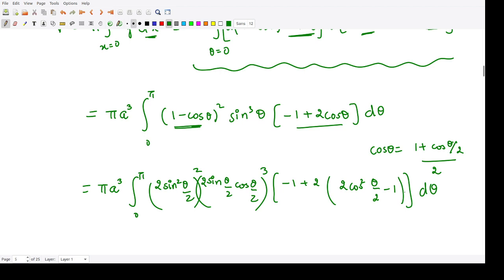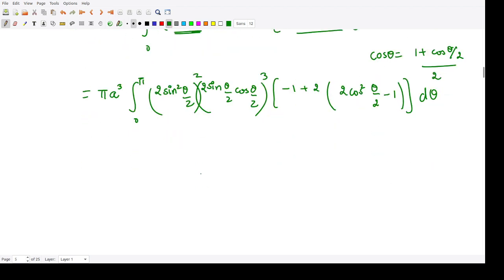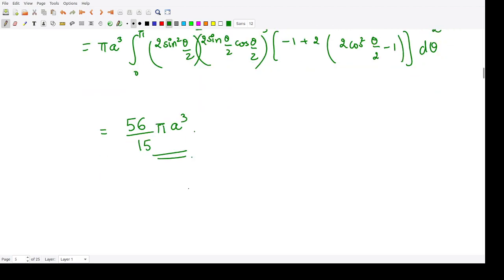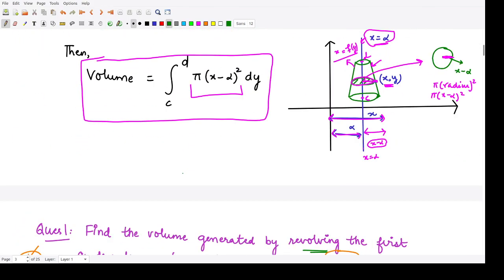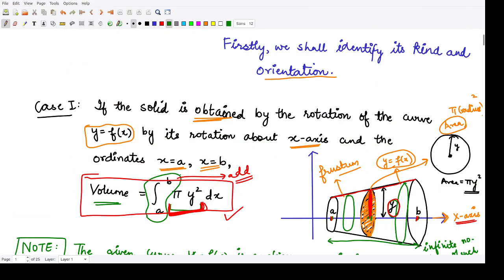Next you could simplify this and perform the integration. The final answer that you will get after solving and simplifying is 56 divided by 15, pi a cube. So this is the answer you would get. I hope it is clear how to calculate the volume of revolution for different curves oriented in different directions.